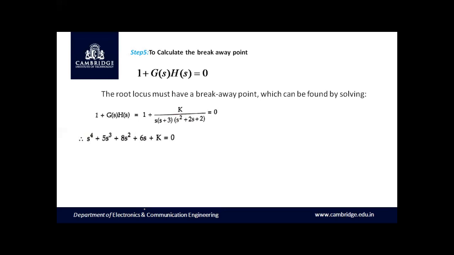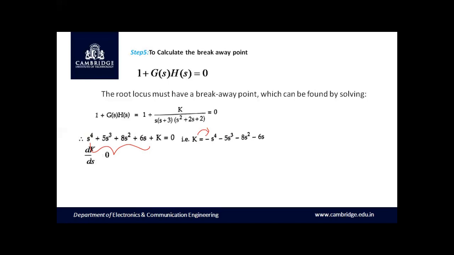Once after writing the characteristic equation, the next step is to represent K in terms of the polynomial. Therefore, K will be equal to, taking all the s terms towards the right side, minus s power 4 minus 5s cube minus 8s square minus 6s.